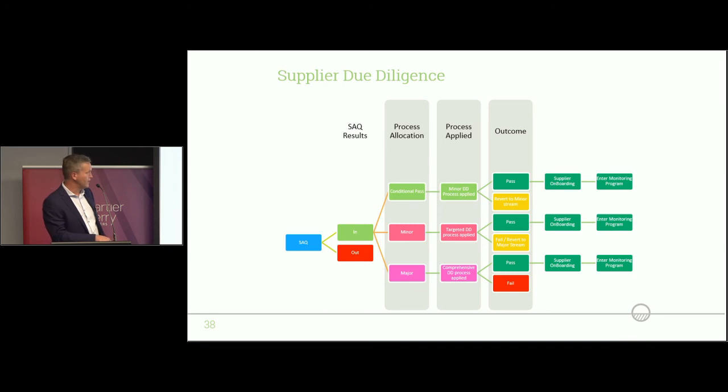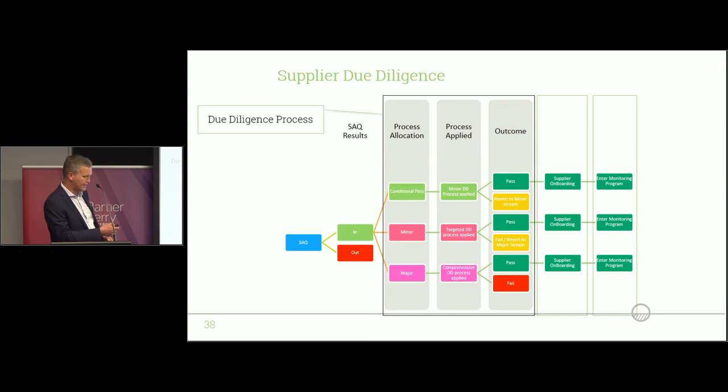Then you would feed your suppliers into a range of processes, either comprehensive, minor, or no need to look. At the end of the day, it's about filtering them out or filtering them in, based on the profile and the risk that you're willing to take. So having a process like this is quite important.